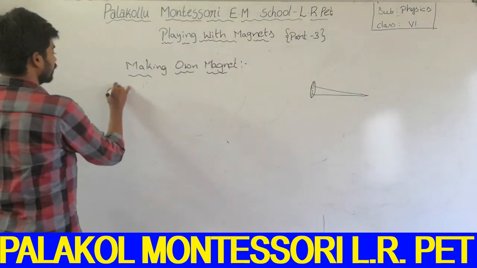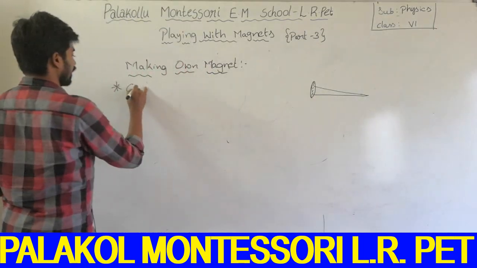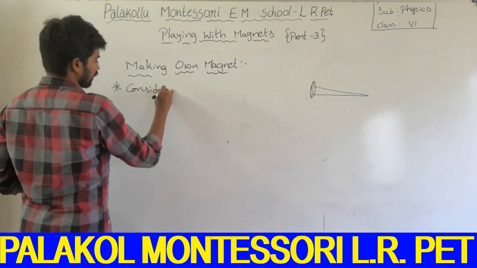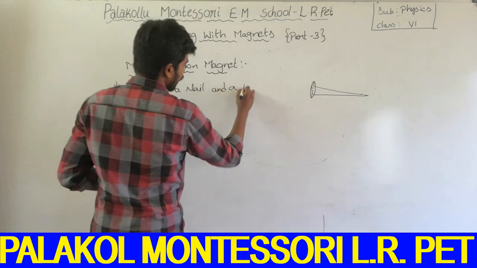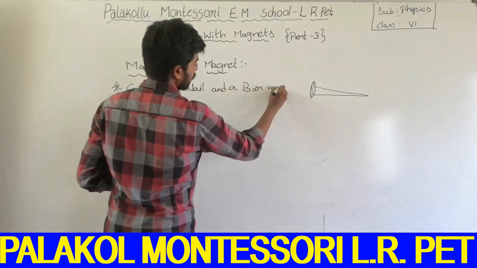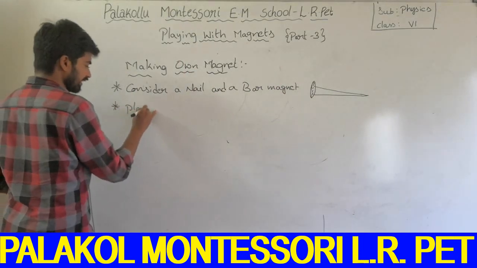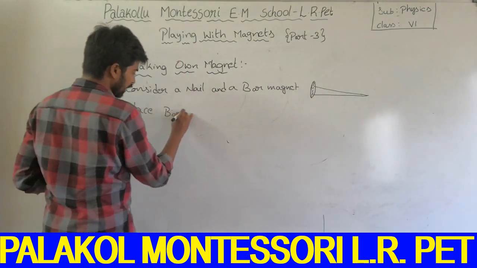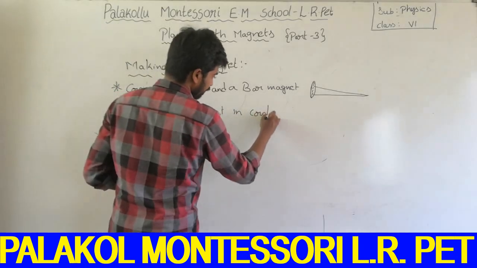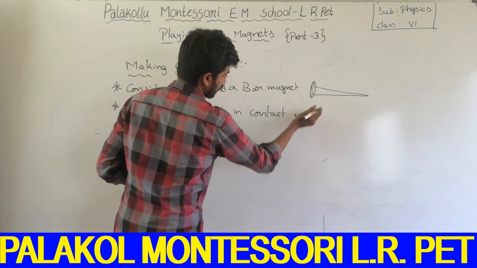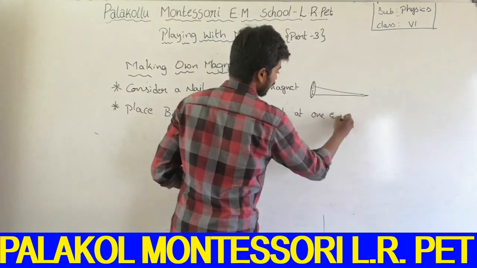So what is the process of making our own magnet? Consider a nail and a bar magnet. Place the bar magnet in contact at one end of the nail.